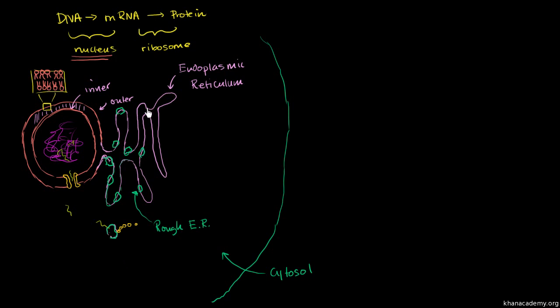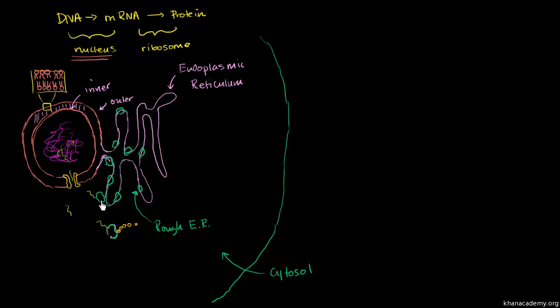And then there's another region which is the smooth endoplasmic reticulum. And the role that this plays in protein synthesis, or at least getting proteins ready for the outside of the cell, is you can have messenger RNA, right? Let me do that in that lighter green color. You can have messenger RNA find one of these ribosomes associated with the rough endoplasmic reticulum.